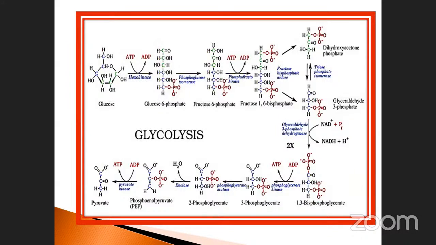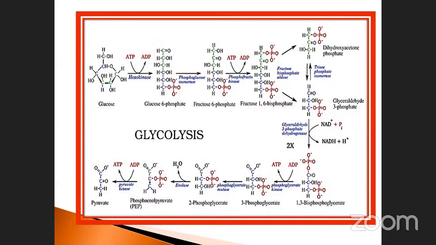Likewise, here fructose 6-phosphate is converted into fructose 1,6-bisphosphate. The first carbon atom and the sixth carbon atom both occupy phosphate molecules. That's why it is 1,6-bisphosphate; bis means 2 phosphate molecules. Here also one ATP is used. Before this reaction, how many ATP molecules are utilized? 2 ATP molecules are utilized.